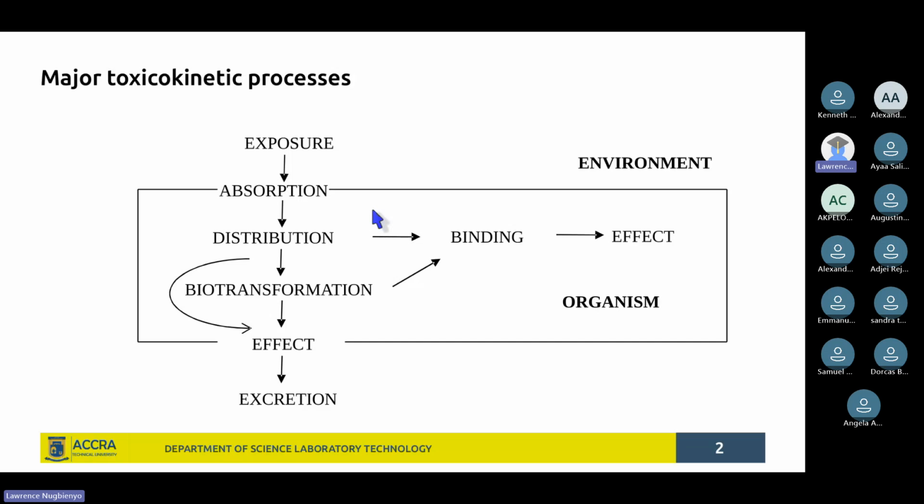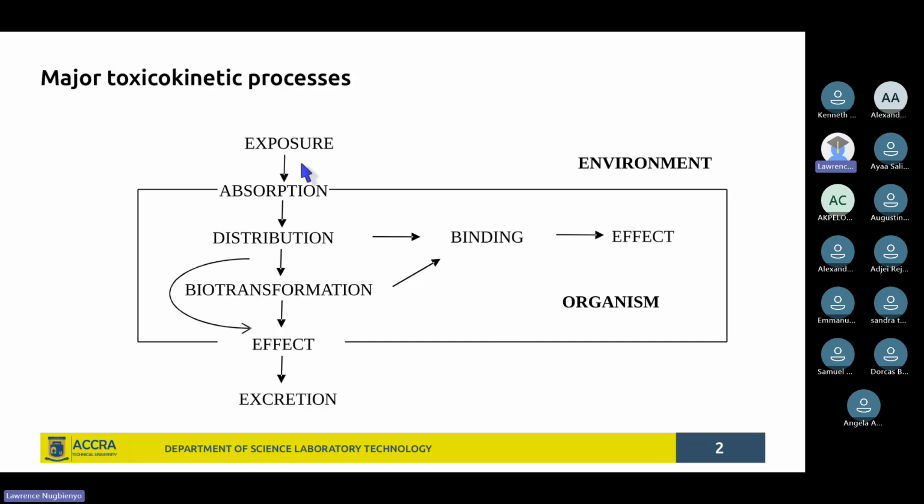So what you see on your screen now is a depiction of the stages that a xenobiotic undergoes in terms of exposure, first of all, the organism. So if you take, say, this rectangle as an organism and the external part of the rectangle as its environment, a xenobiotic is coming from the environment, from the external part of the organism into it.